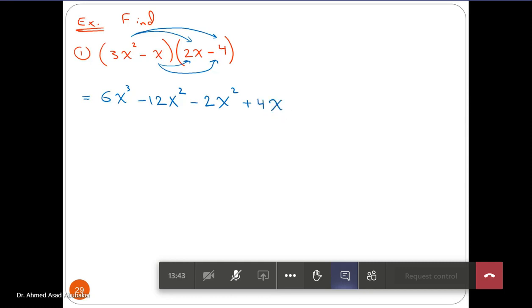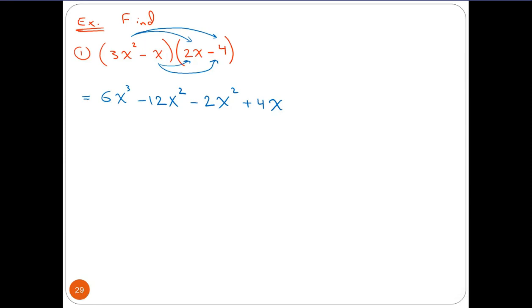Okay. Now we can simplify more. We have only one term with x to the power 3, so we put 6x to the power 3 in the final result.